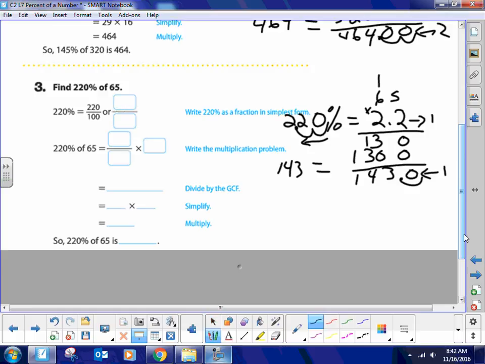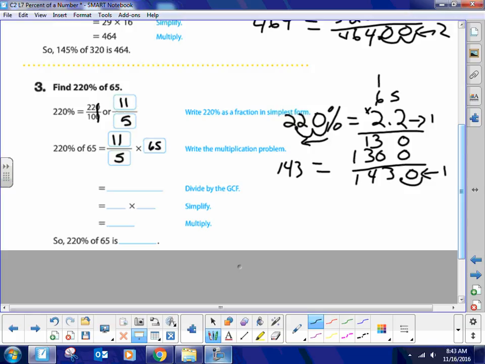If you really wanted to do it, you could simplify this, and then you've got 22 over 10, which is really 11 over 5. So you've got 11 over 5 times 65.